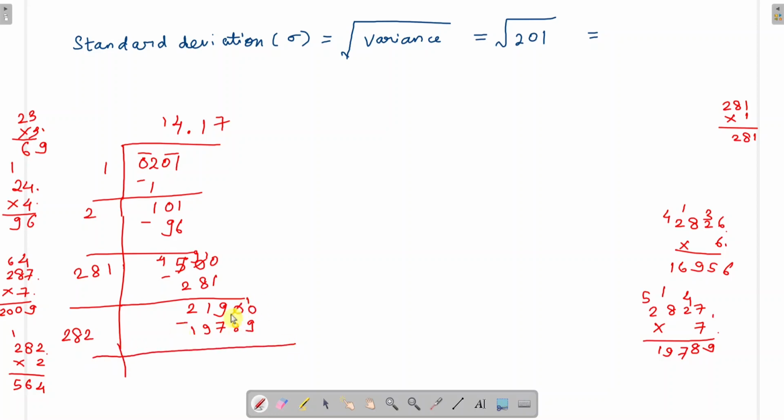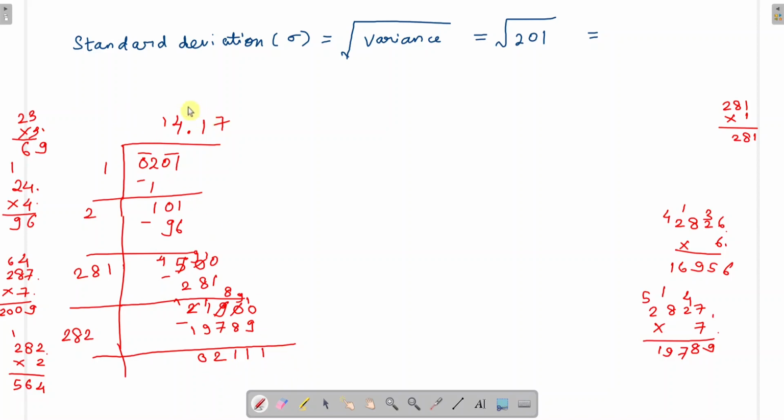so 1 borrowed, 9 remains, so 8 here. So again 1 borrowed here. So 10 minus 9 is 1, 8 minus 8, 9 minus 8 is 1. Then 8 minus 7 is 1. So 11 minus 9 is 2, right? And this is 0.